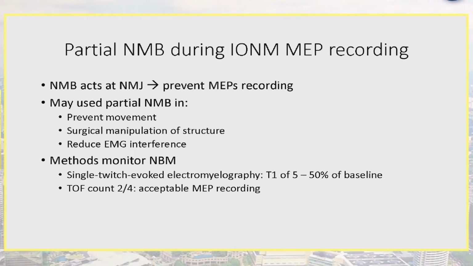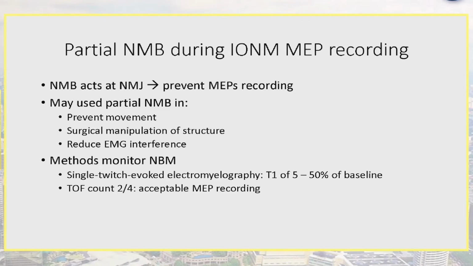It may be used in patients whose response is so aggressive that it disturbs the surgical site, or where the surgery requires too much manipulation at an area attached strongly to a muscle, so they can't do the operation without that. And if the interference is so much, sometimes they use it to improve conditions.